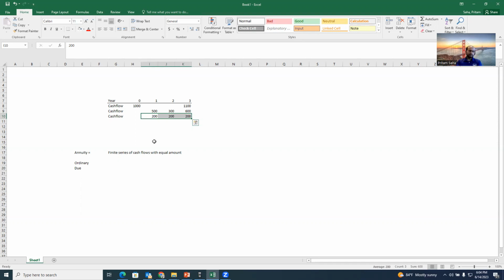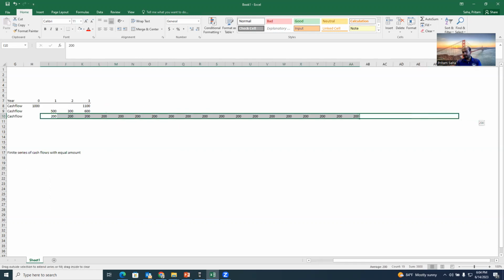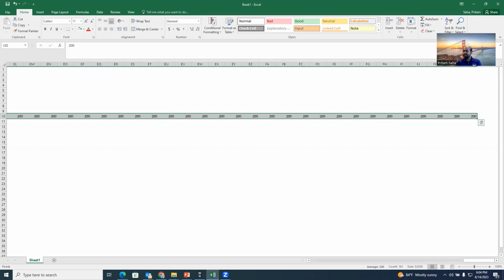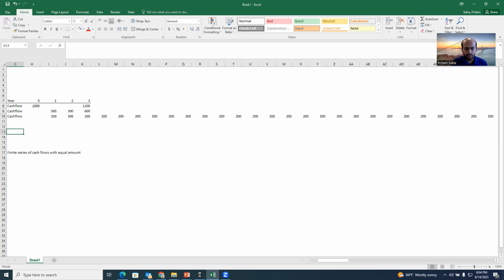Now, we can argue that this series of cash flows can occur forever. Yes, they can, if you have an equal amount in a series of cash flows which is not finite. This series of cash flows has a unique name too.